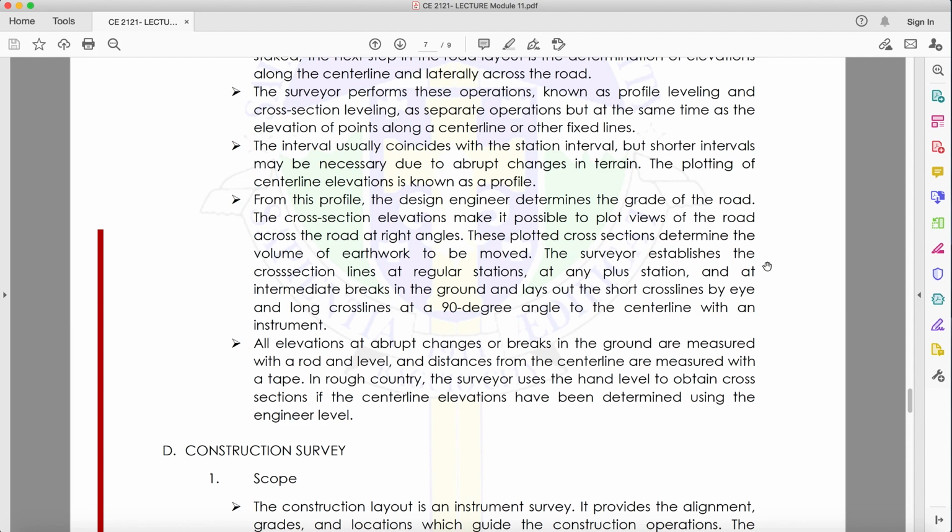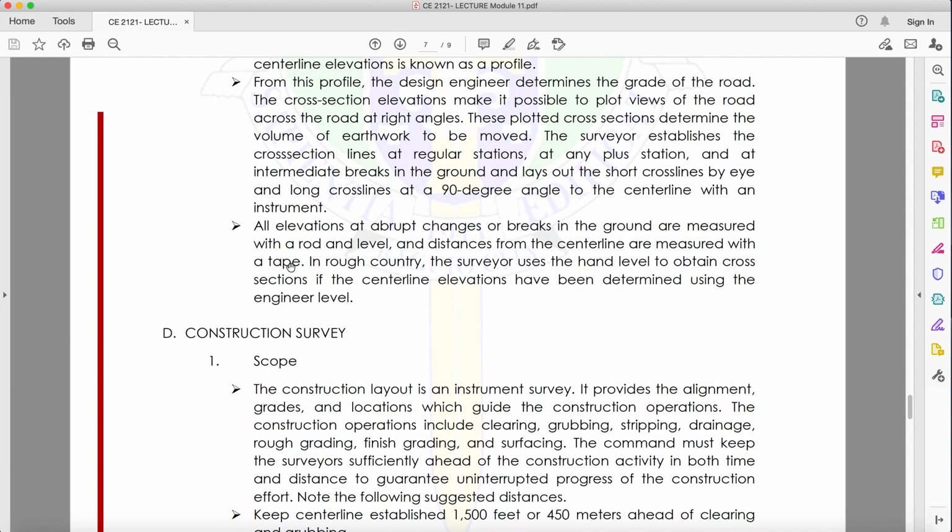The surveyor establishes the cross-section lines at regular stations, at any plus station, and at intermediate breaks in the ground, and lays out the short cross lines by eye and long cross lines at 90-degree angles to the center line with an instrument. So all elevations at abrupt changes or breaks in the ground are measured with a rod and level.